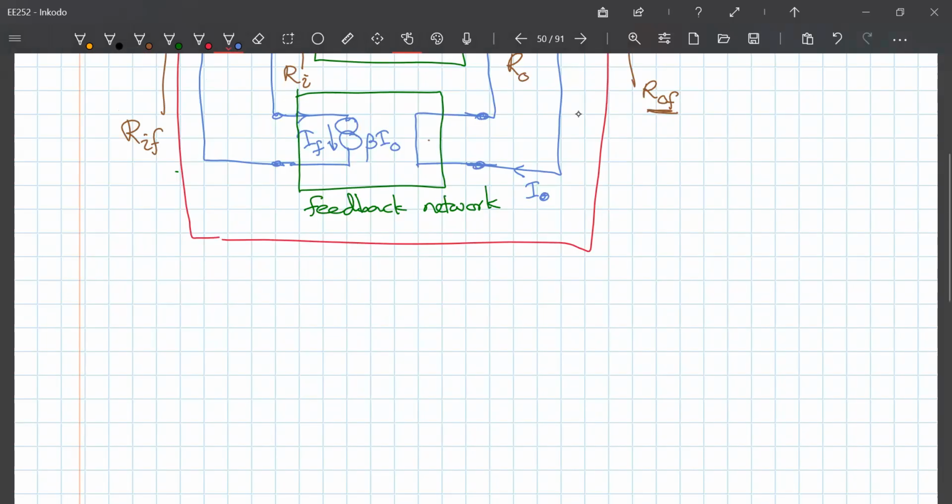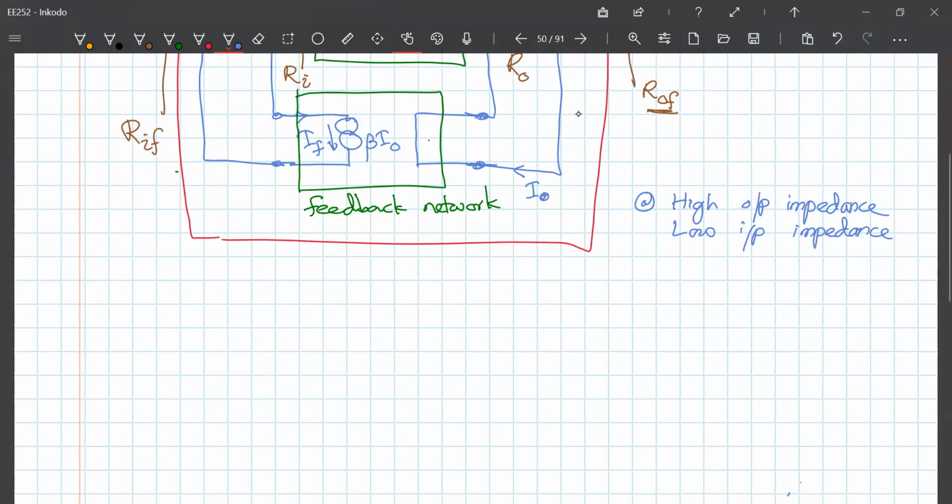What we like is a high output impedance, because it's a current source. For a current amplifier, the output has a current source, and we also want a low input impedance.